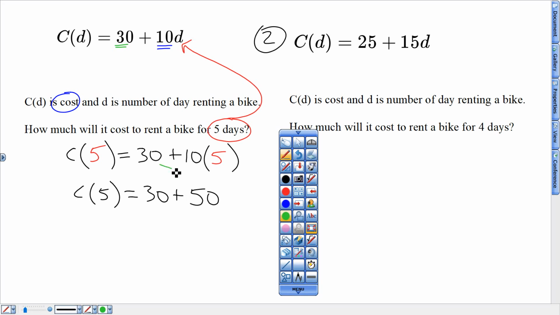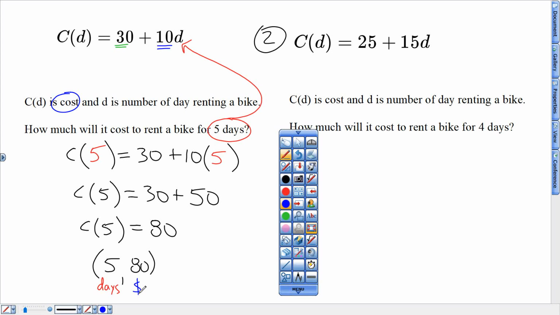Never add before you times. And that gives me the cost after 5 days is $80. And again, why this is good, it shows me that C(5) means the cost after 5 days, the function spits out $80. That's what that is.